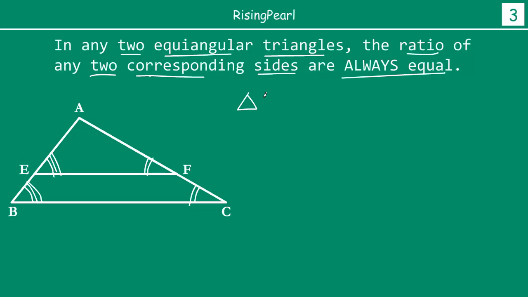We have triangle AEF, which is a small triangle, and we have triangle ABC.